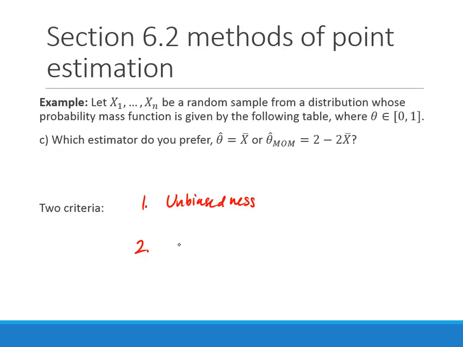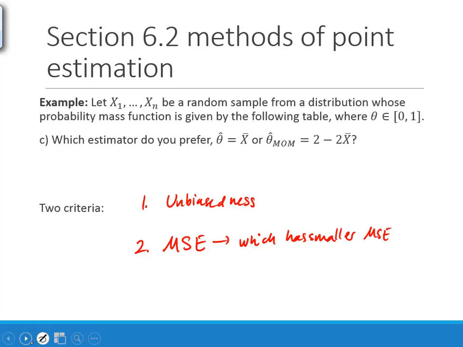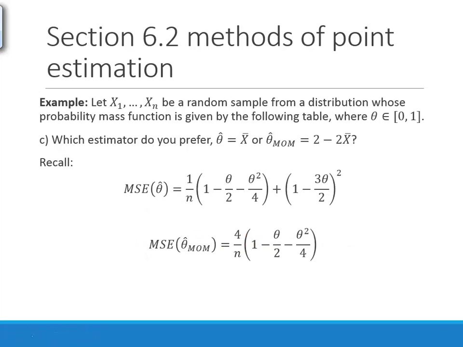But our secondary criterion is to look at the MSE, which has smaller mean squared error. So if I want to compare between these two estimators, yes, I can look at their mean squared error and their biasedness.